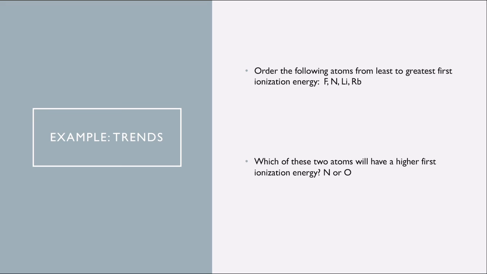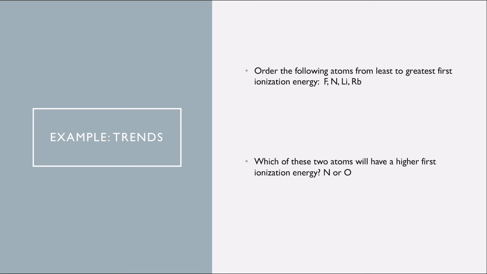So now we're going to move on to some examples. So the first example is ordering the following atoms from least to greatest first ionization energy. So the answer here is that we first need to recall that ionization energy increases up a group.